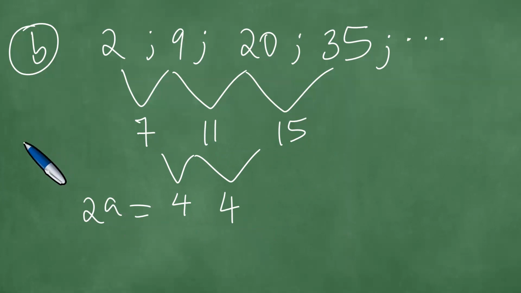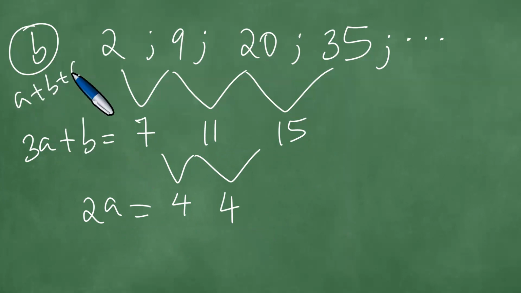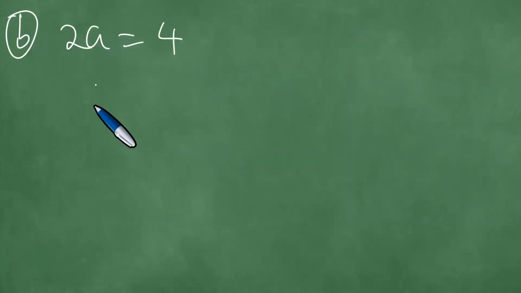2a equals 4. 3a plus b equals this. a plus b plus c equals 2. And if this is the case, we then say 2a equals 4. That is part B. Dividing by 2 means a equals 2.